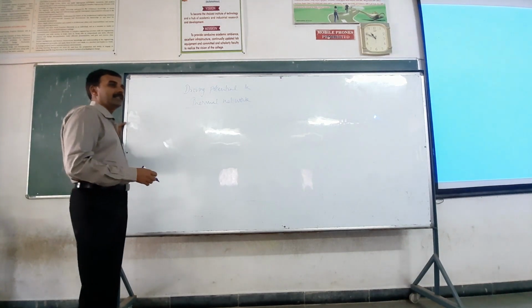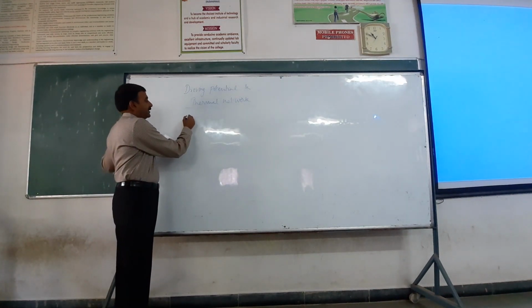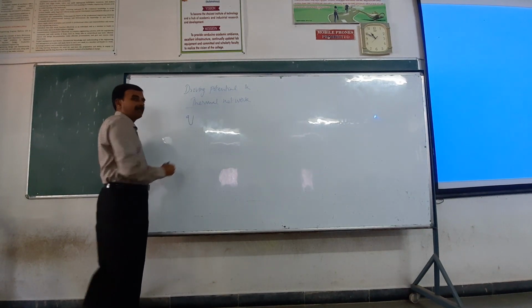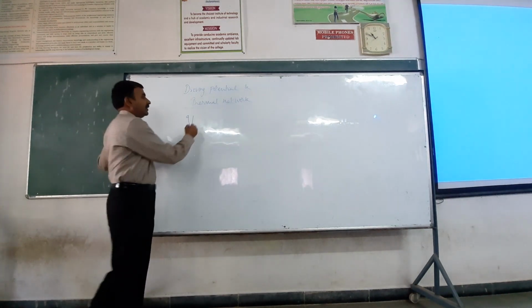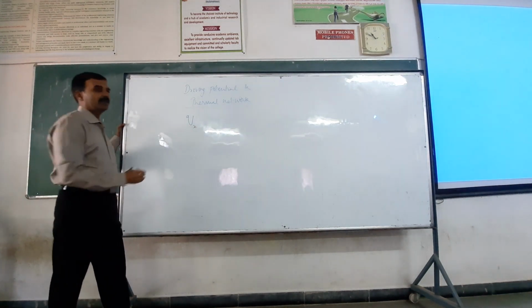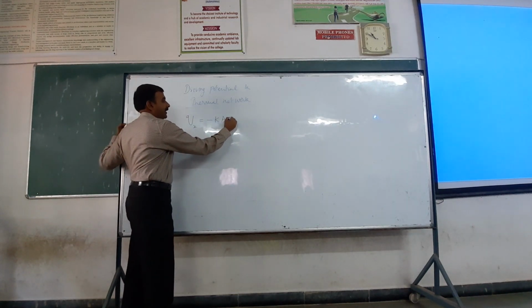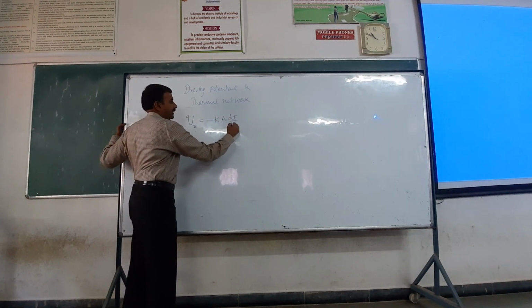Let's see the Fourier's law once again. The rate of heat transfer in any given direction is minus KA dT by dx.